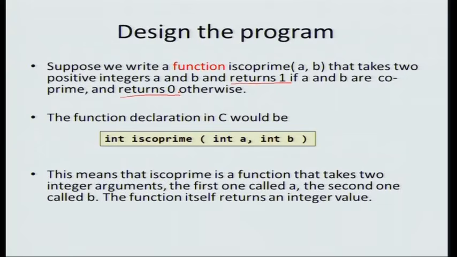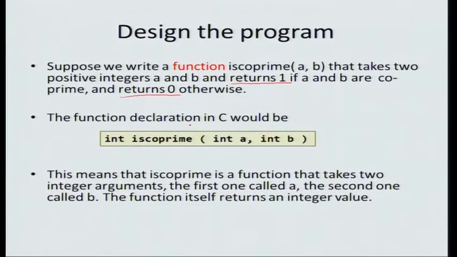Now associated with every function, there are three concepts. We will see them one by one. There is the declaration of a function, which says what the function looks like. What is the type of the function?